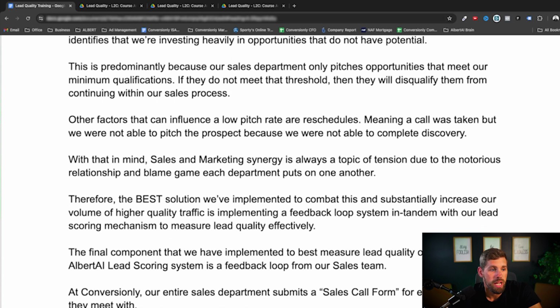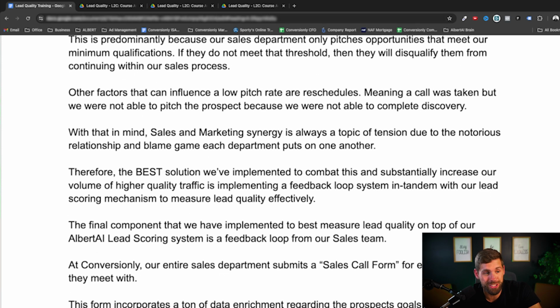We discussed this. Now, other factors that can influence low pitch rates are people that reschedule appointments. Now, someone could show up to the call, and that counts as a call taken. However, they rescheduled while they were on that call, so it wasn't a call completed, right?